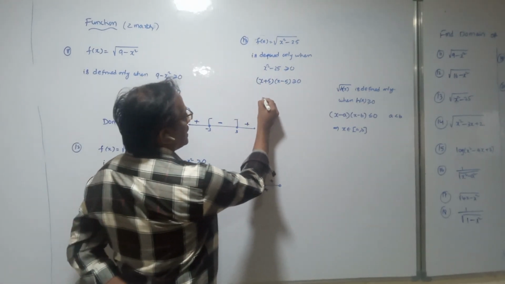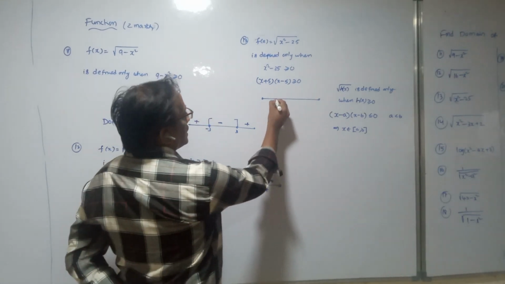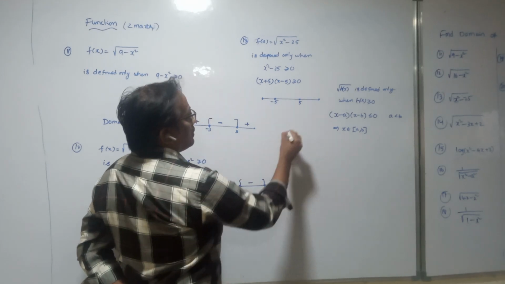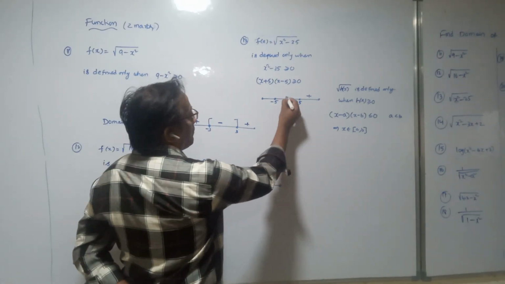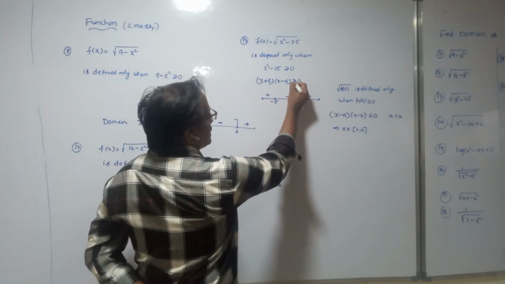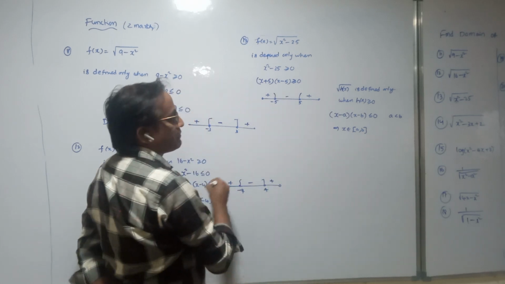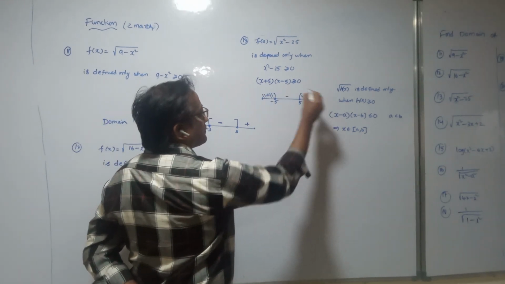Now draw the real line. Consider the points minus 5 and plus 5. After the largest number you put plus, minus, plus. Your requirement is greater than or equal to 0, so you have to consider the plus symbol. That means this is your requirement.